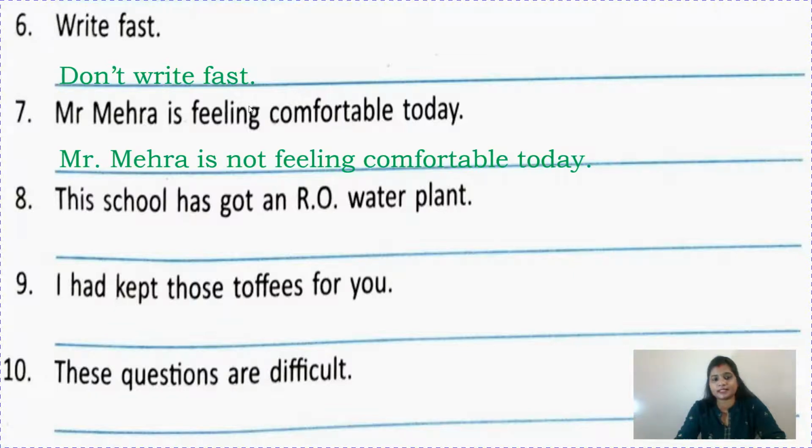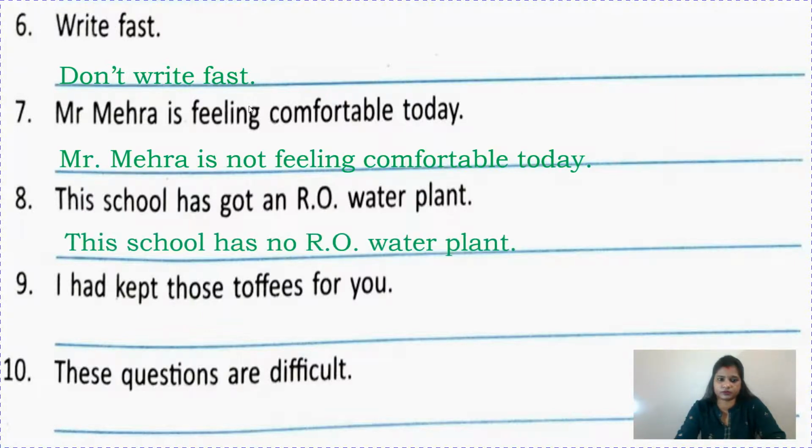This school has got an RO water plant. So you will write this school has not got an RO water plant, because here we can see two verbs, has and got. So please write this school has not got an RO plant. I had kept those toffees for you. So I hadn't kept those toffees for you.